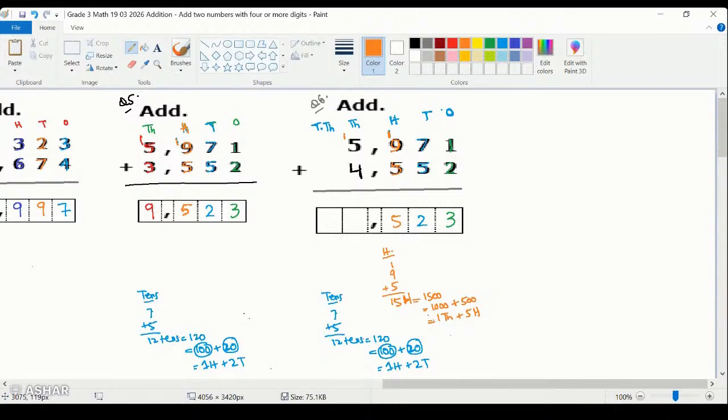Okay. So let's see if we add the thousands together. 1 plus 5 is 6. 6 plus 4 is 10. So we simply write 0, and the 10,000s has 1. So the number becomes 10,523.